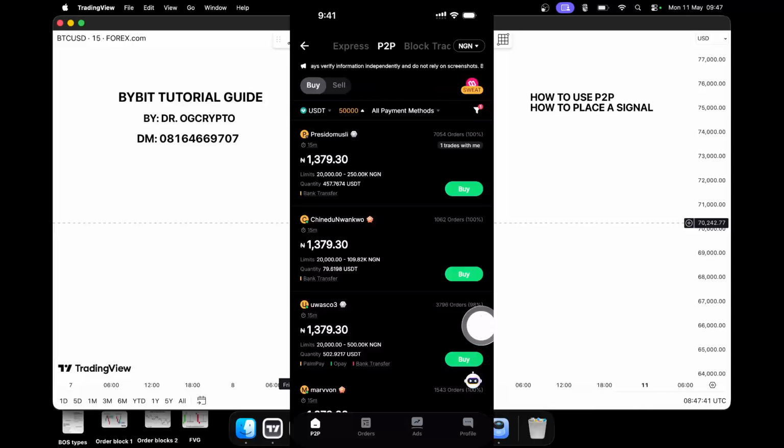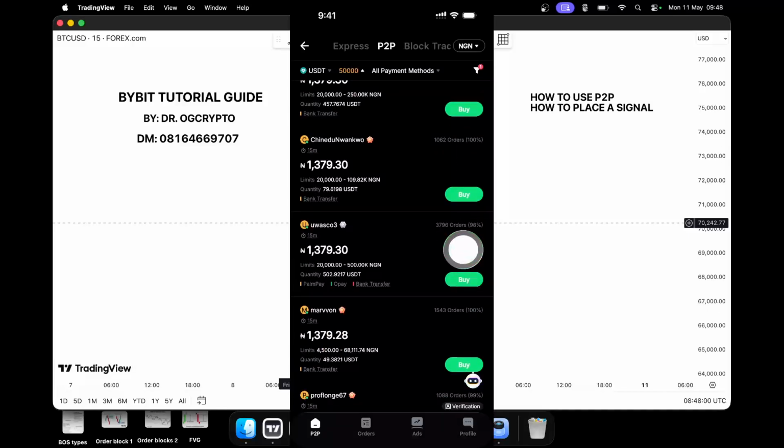What makes the percentage drop is maybe they delayed one person, or there was friction when they were transacting. But just look for 98% and above. Now, if you see two 98%, you look for which one has completed more orders than the other. You understand? If I see these two people, I will even be willing to trade with this person than this person.